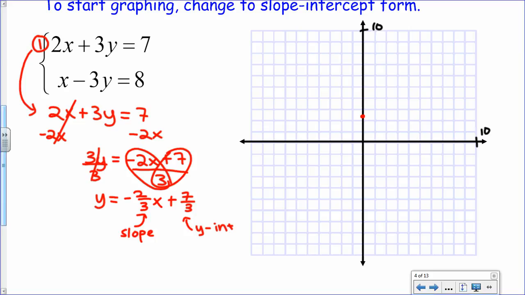Slope is rise over run, and it's negative, so you either need to go up and left or down and right. So one negative direction. So if I go down 2 and then right 3, be right here, down 2, right 3, or I can go up 2 and left 3. You're not sure exactly where these lines are going to intersect, so you want to make sure you draw your line all the way through your graph.